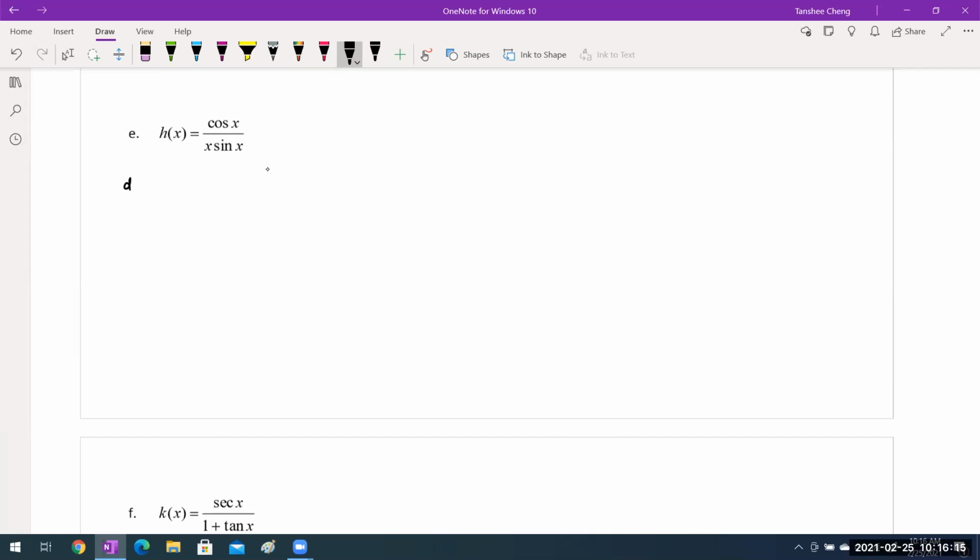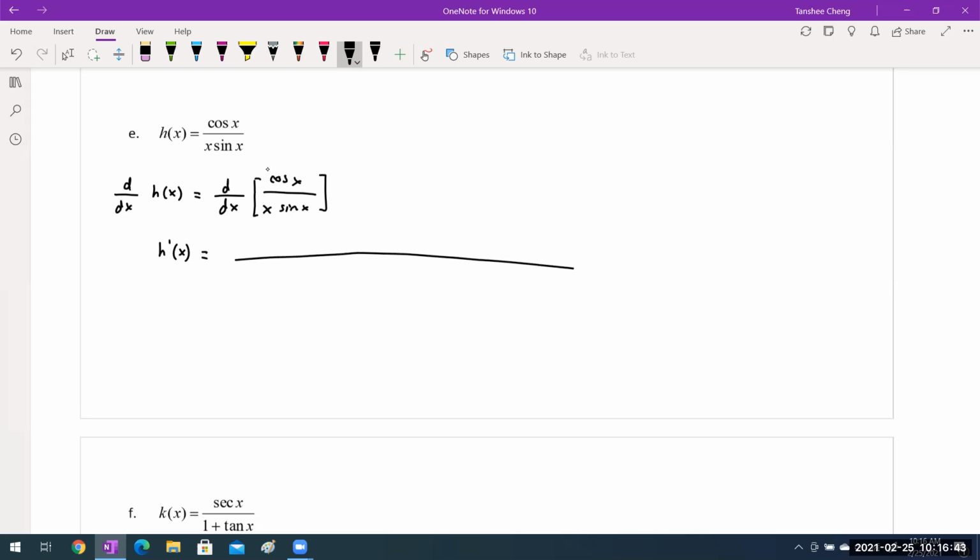So when I take the derivative with respect to x of h of x, I'm going to write it down in detail on this part because there are two different things together. So using the quotient rule, the derivative with respect to x of cosine x over x times sine x. When I use the quotient rule on this part, this will become the derivative of the numerator.